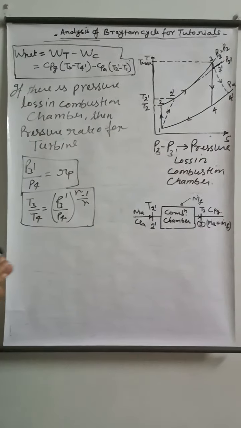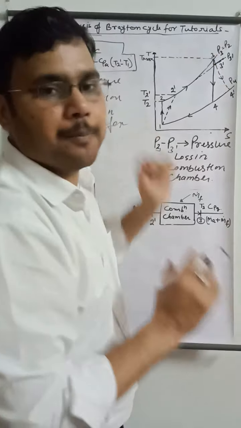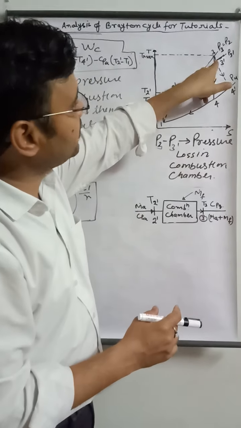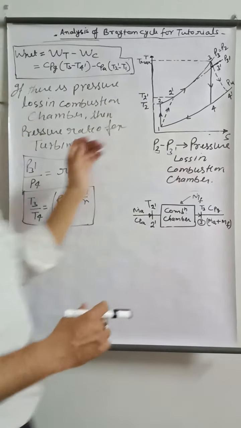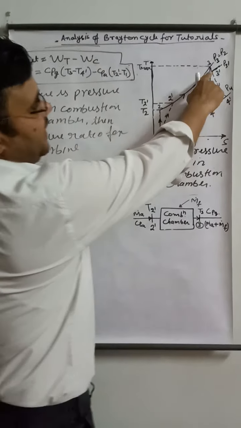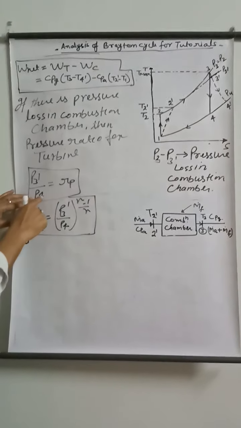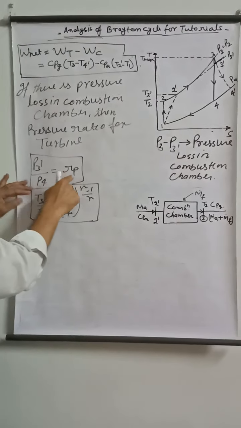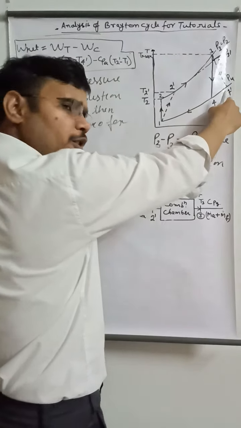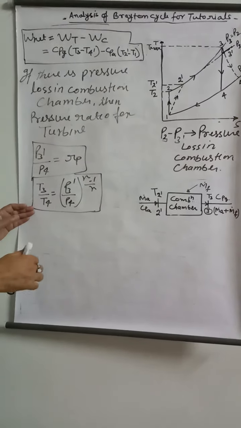Now what will happen there? For finding the pressure ratio on the turbine part, we have to consider this pressure. That means P3 dash, the pressure at this point after the loss, upon P4 is equal to RP. P4 and P4 dash are the same, so there is no problem, right? And what will be the equation?